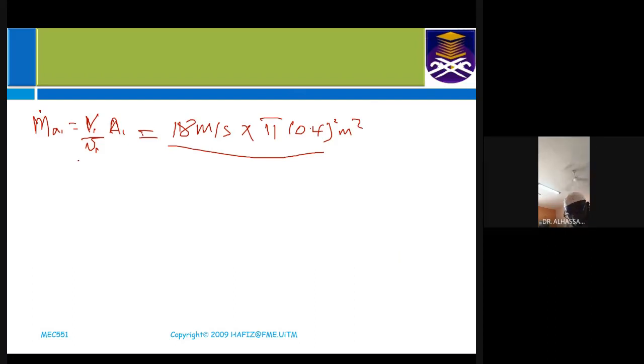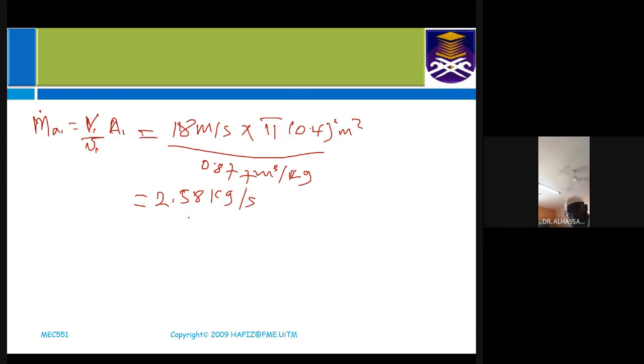We know the specific volume already, so that gives us 0.877 meter cubed per kg. All right, so now eventually we will have mass flow rate of the dry air equals 2.58 kilogram per second.